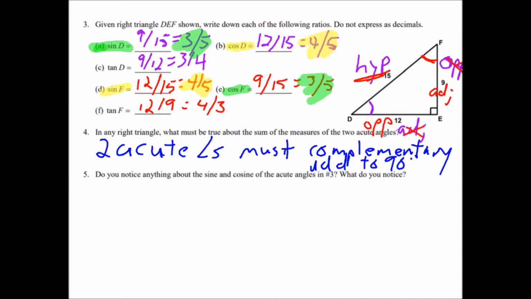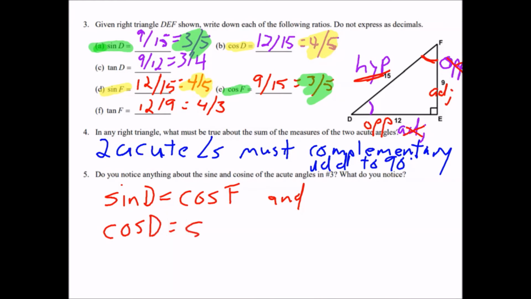So what I might say is something like this. The sine of D equals the cosine of F, and the cosine of D equals the sine of F. Something like that.